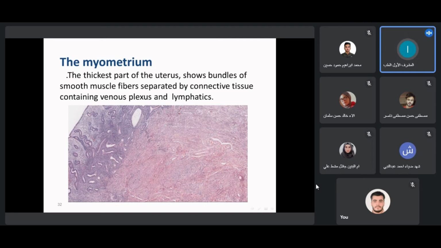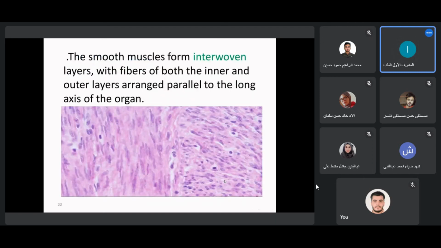It contains a network of blood vessels and lymphatics. The characteristic feature of the smooth muscles is the interwoven layers. So they run in different directions and they run or are arranged parallel to the long axis of the organ.